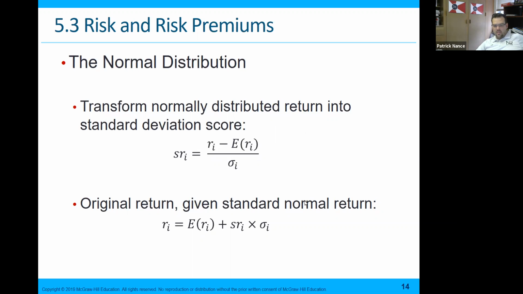The original return given the standard normal return, and this is just a different method, very similar to what we did up here.